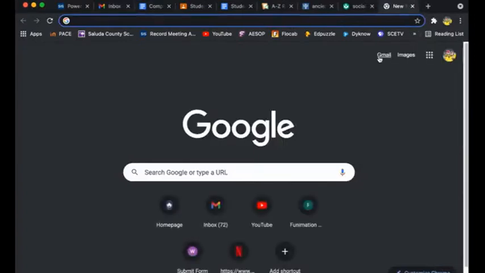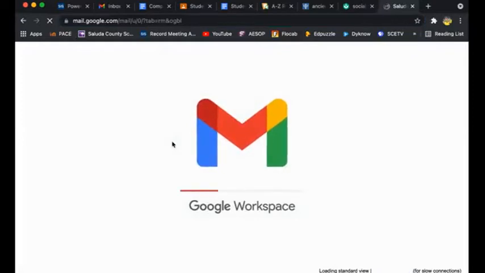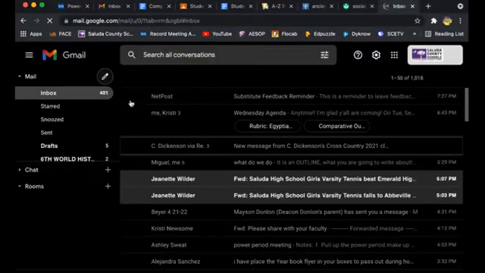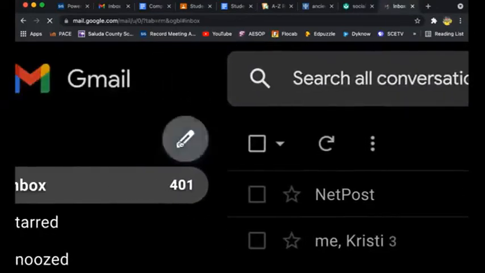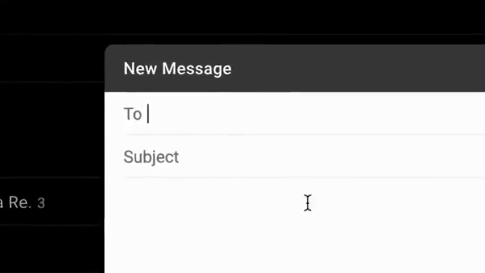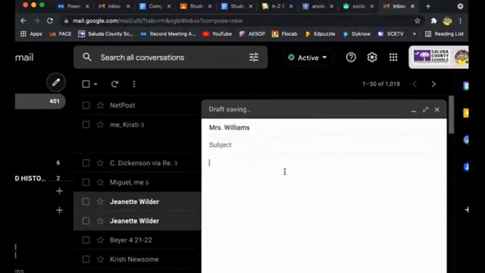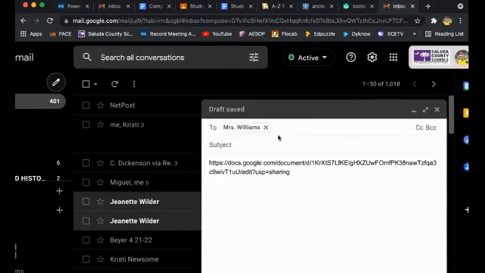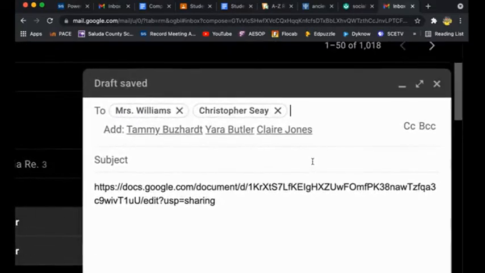To make an email, you have to press this little pen thing right here. And then you type in the names of the people you want to share it with. And when done, be sure to send your email by hitting send.